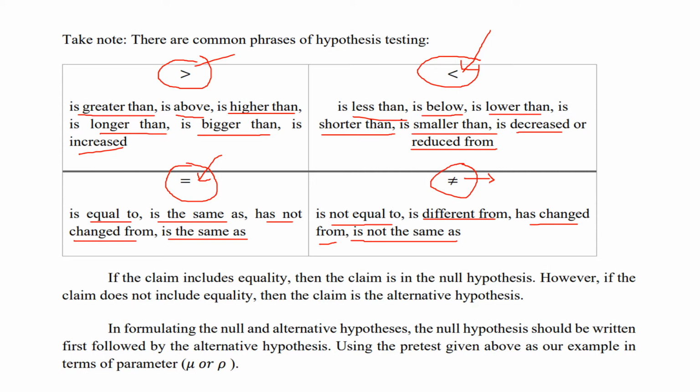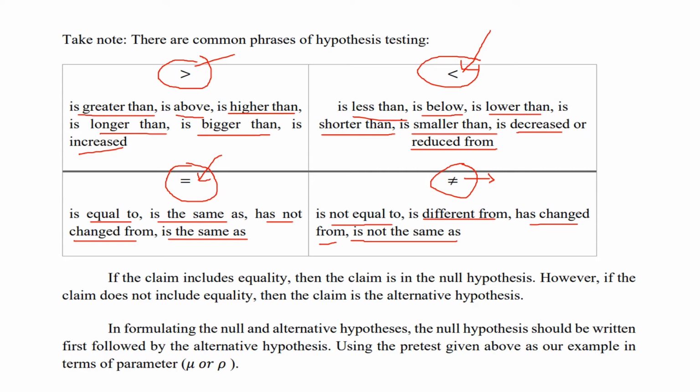Then we simply use this not equal to because we don't know if the given value is greater than or less than your parameter, or if it will fall in between your lower and your upper limit.